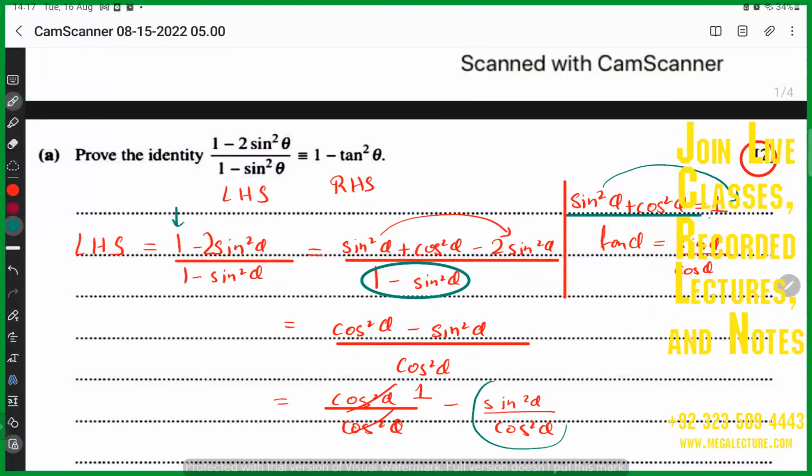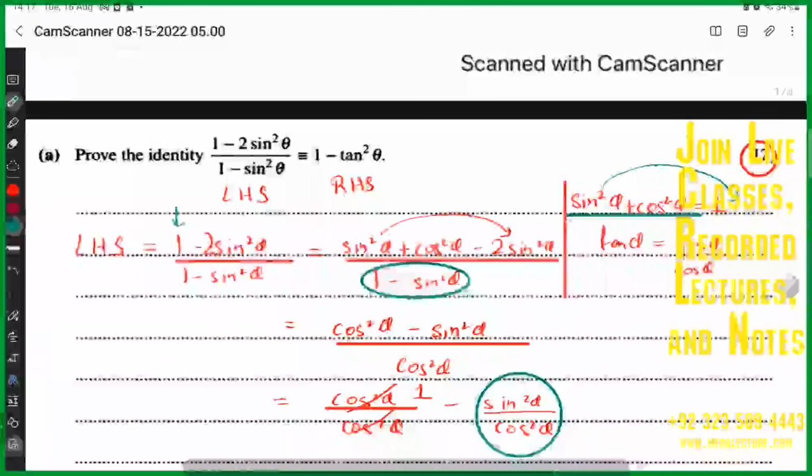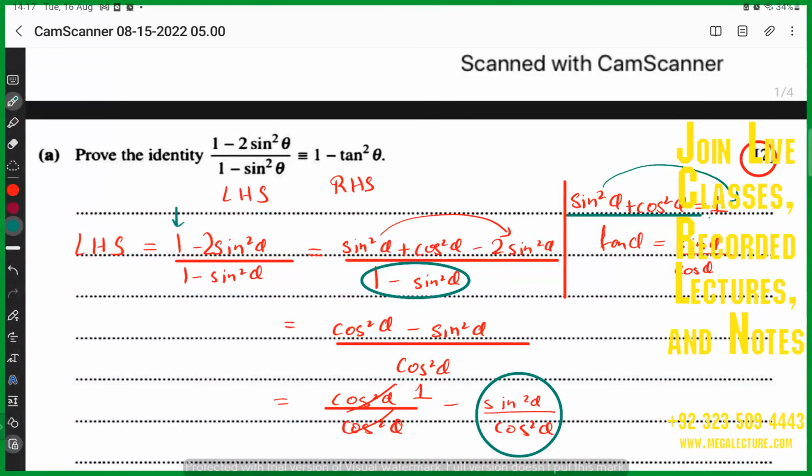And for this, I know that sine by cos is tan theta. So sine square theta divided by cos square theta would basically be tan square theta. And finally, I am going to get 1 minus tan square theta, and this basically was my right hand side.